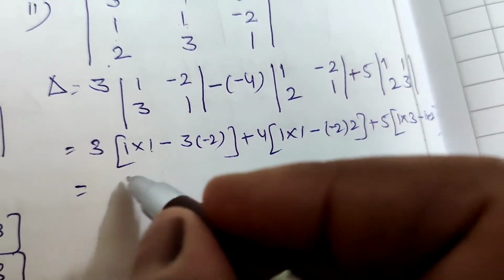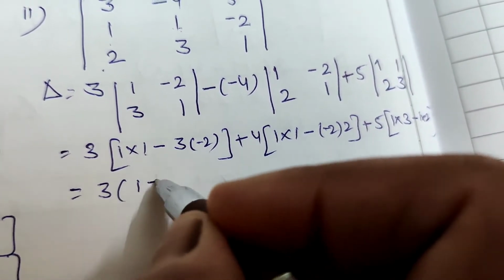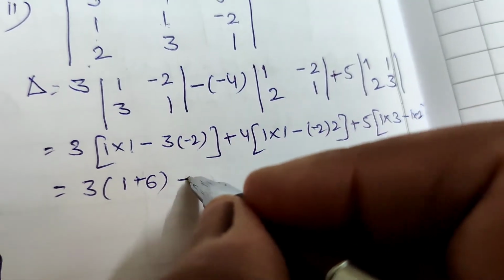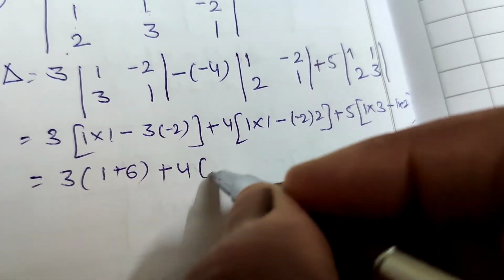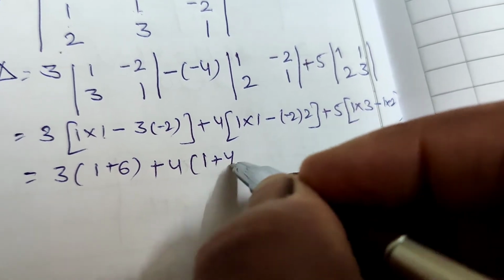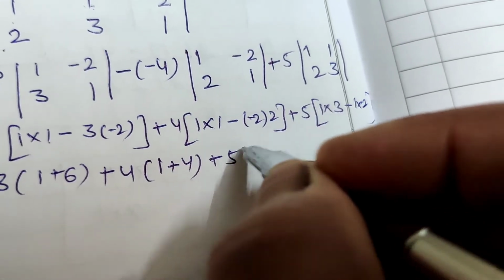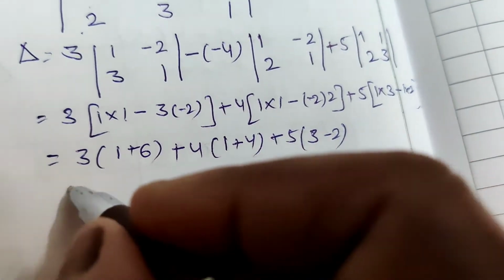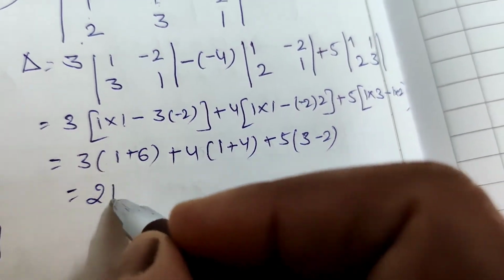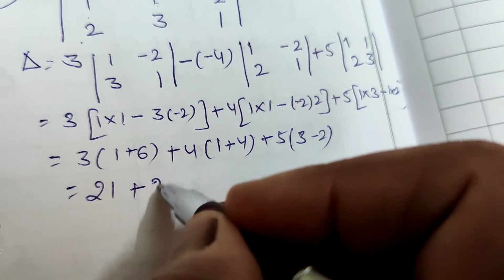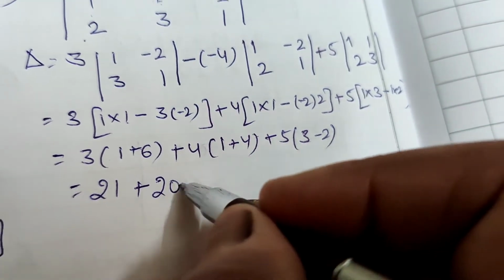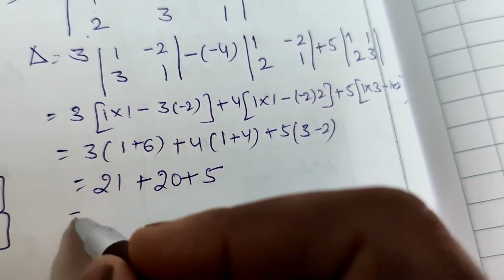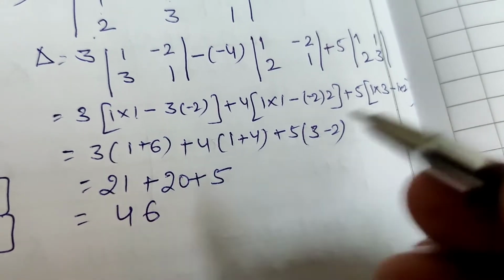There is 1. 3 into 1 plus 6, 7. 4 into 1 minus, plus 4 and 5, 3 minus 2, 1. 7 into 3, 21, 5 into 4, 20 plus 5. This will equal to 46.